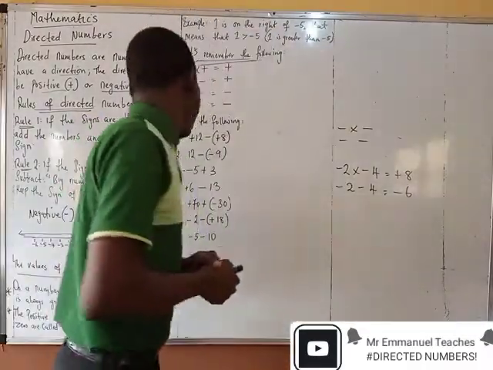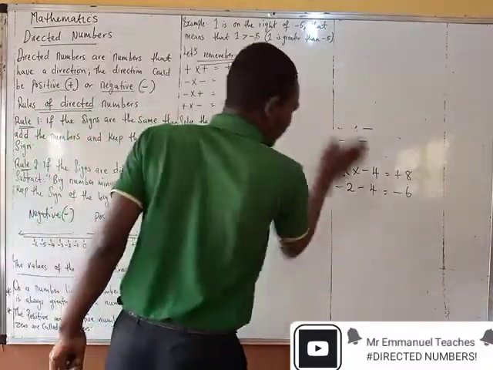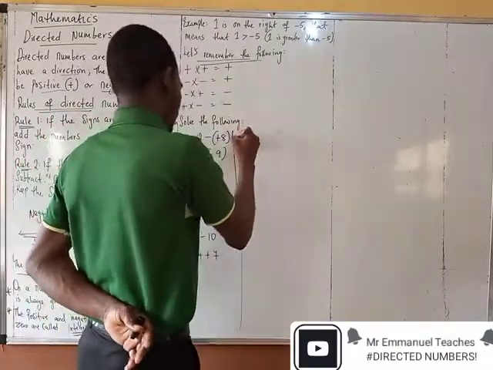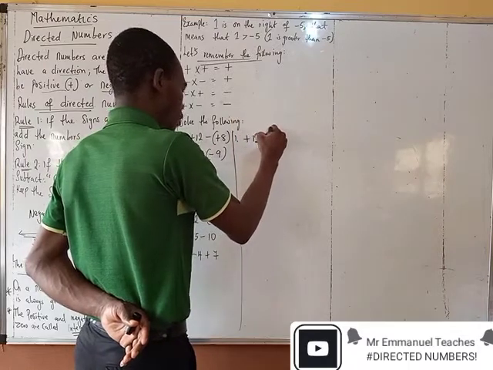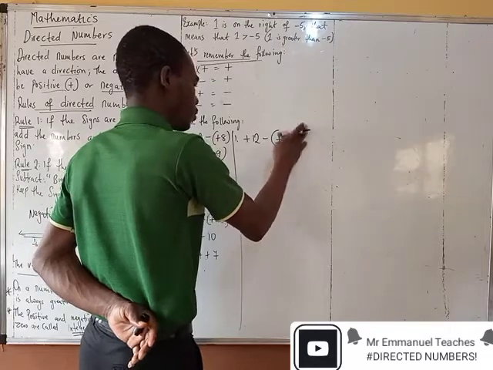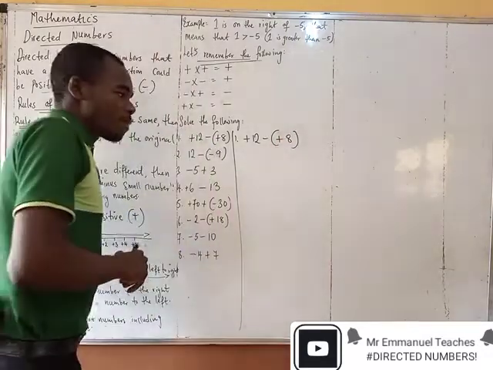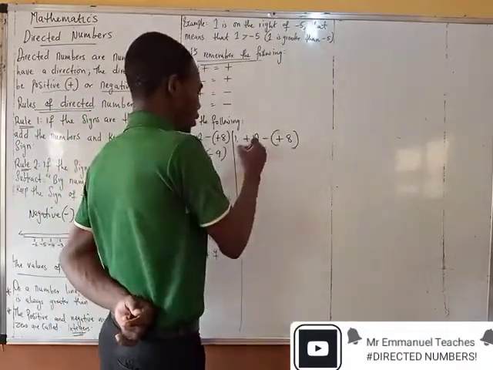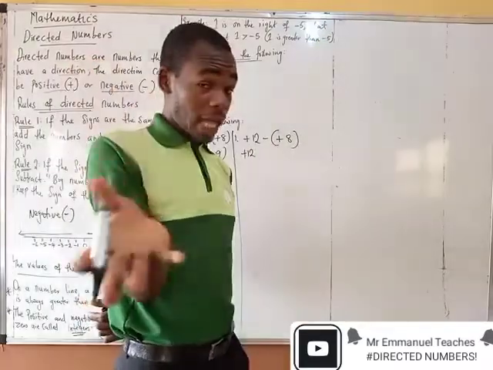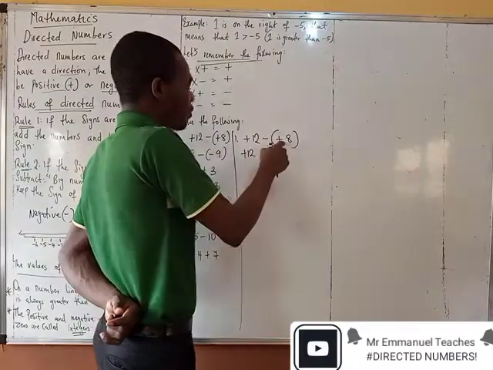All right, so let's solve now. This is the side I want you to pay attention to. Number 1, we have plus 12 minus plus 8. If a bracket is there, the bracket means times. Now, this minus times this plus.